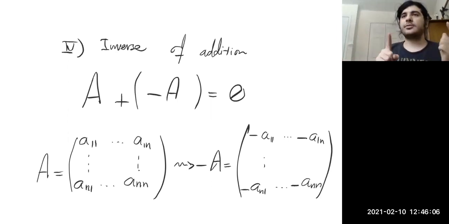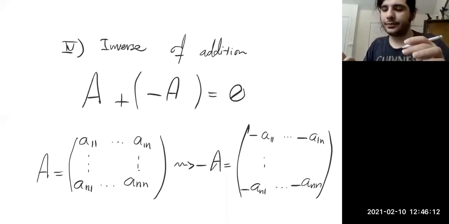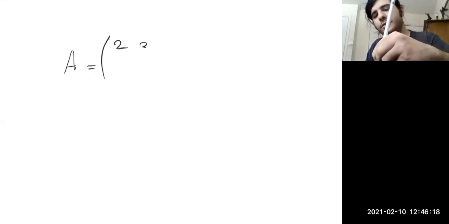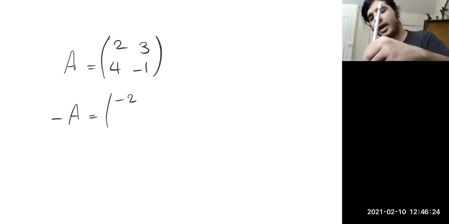So if we add these two matrices, every component cancels the corresponding component. Just as an example, say we have a 2 by 2 matrix, 2, 3, 4, minus 1. Minus A is just minus 2, minus 3, minus 4, and 1.